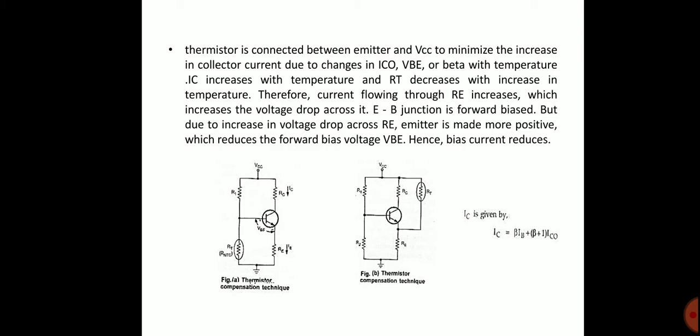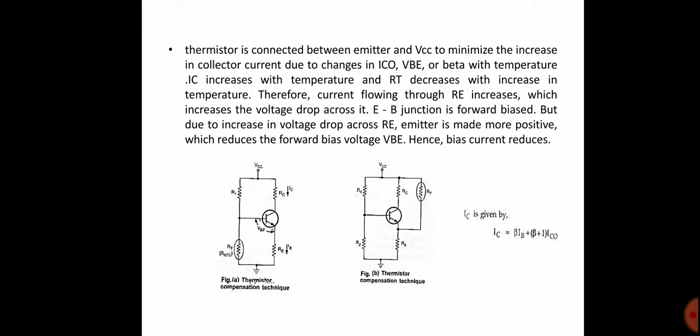Due to the increase in voltage drop across the emitter resistance, the emitter is made more positive, which reduces the forward bias voltage of the base emitter junction. Hence the biasing current is reduced. So we see the structure of the thermistor compensation technique, and IC is given by IC equal to beta into IB plus (1 plus beta) into the collector leakage current.